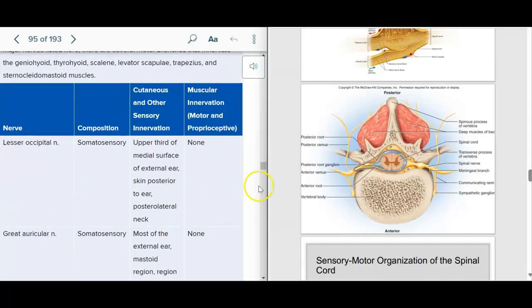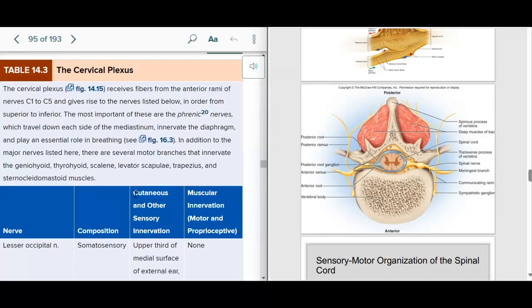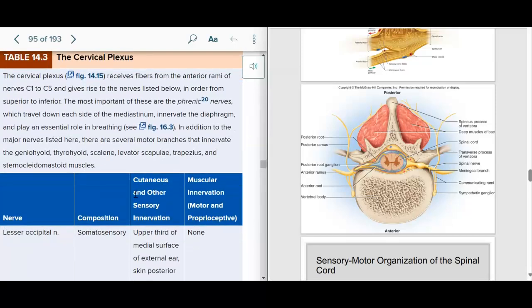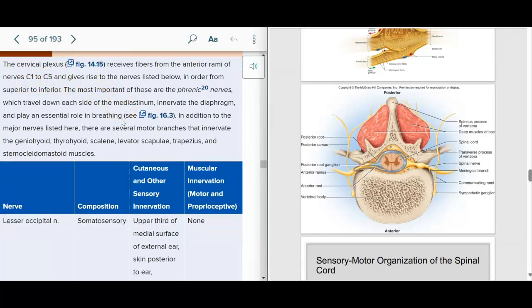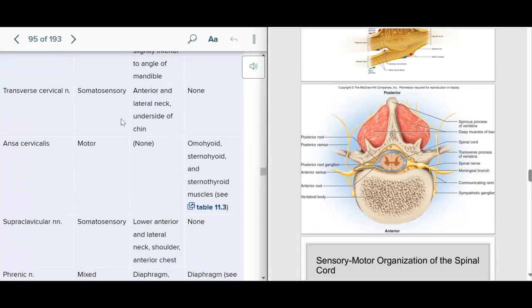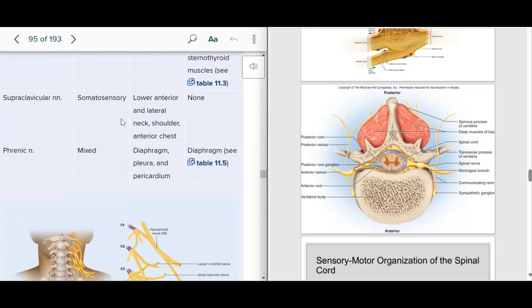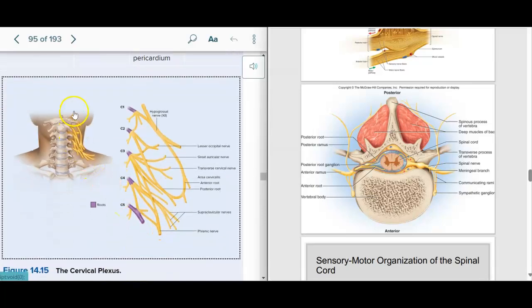as we see here, we have the cervical plexus, and so this receives fibers from the anterior rami of nerves C1 through C5, and then it gives us some specific nerves. So one of the most important is our phrenic nerve. You can see how these nerves are coming from the vertebrae.